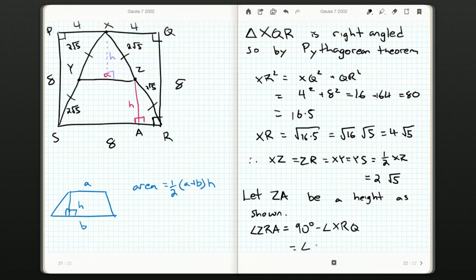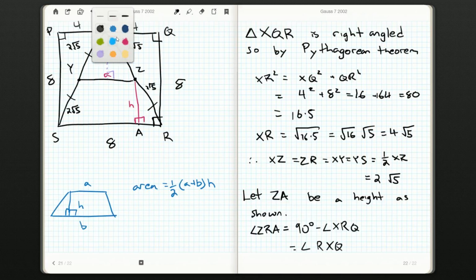So we should really have ZRA equal to RXQ. So this angle is the same as this angle, and this angle is the same as this angle.